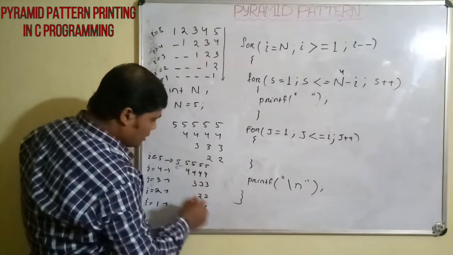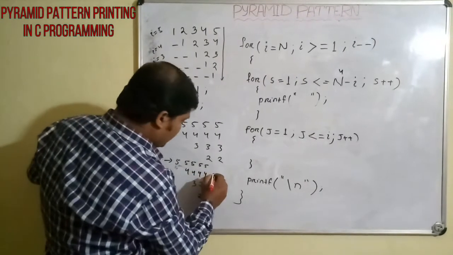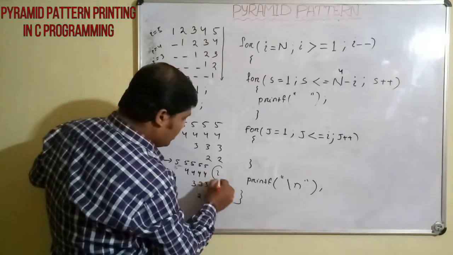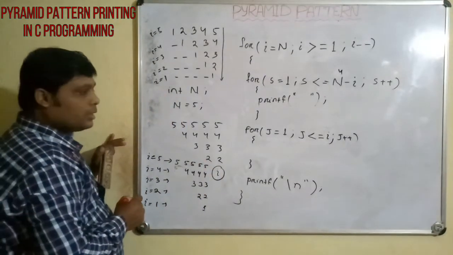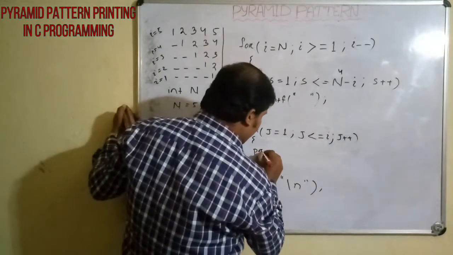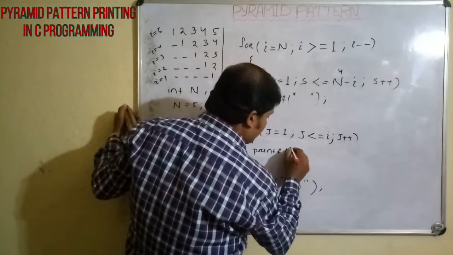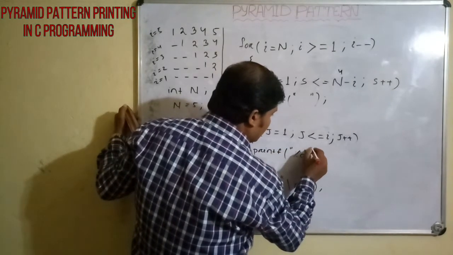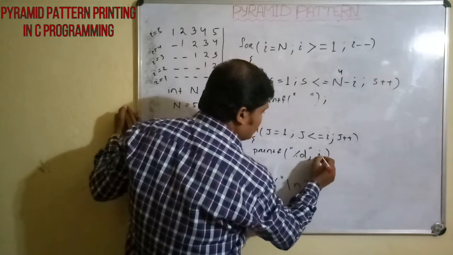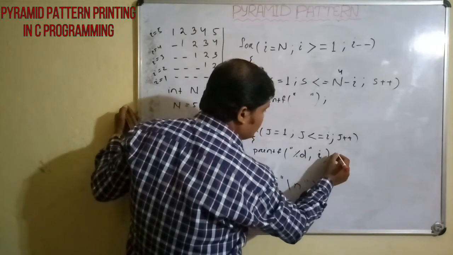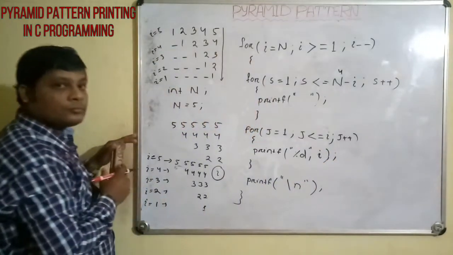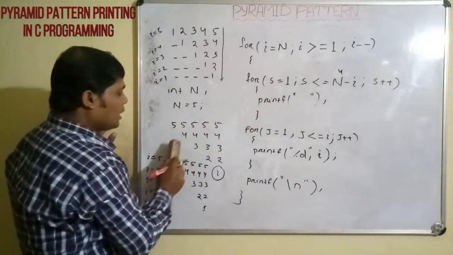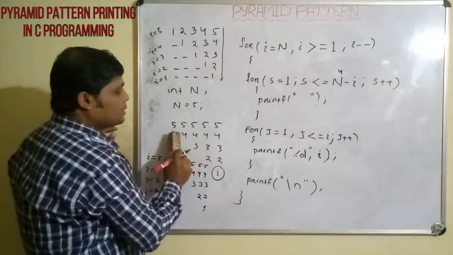You can see from this structure that it is printing the i value. Instead of the j value, you are printing printf %d i, which is nothing but the i value. Clear? You can try it and you can see it will print this structure.